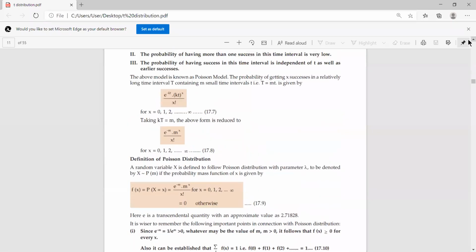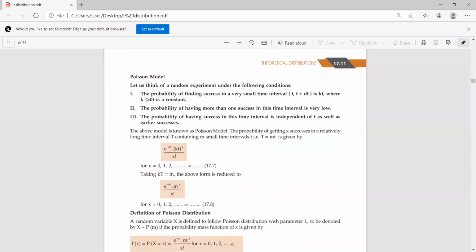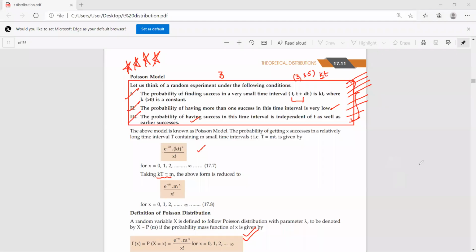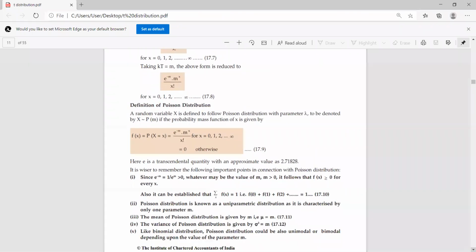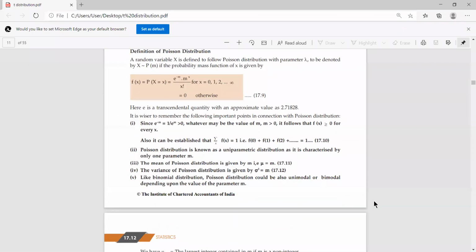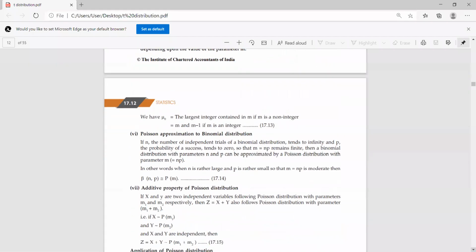Then comes your Poisson distribution. In this, read these points at least 4 times, then the sums related to this. The properties are already covered: unimodal, bimodal, mean, variance, additive property, Poisson approximation to binomial distribution.